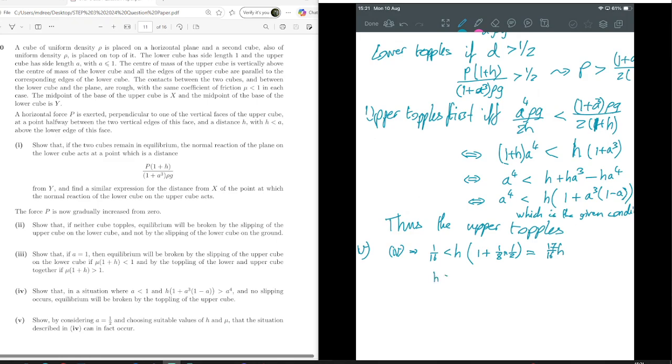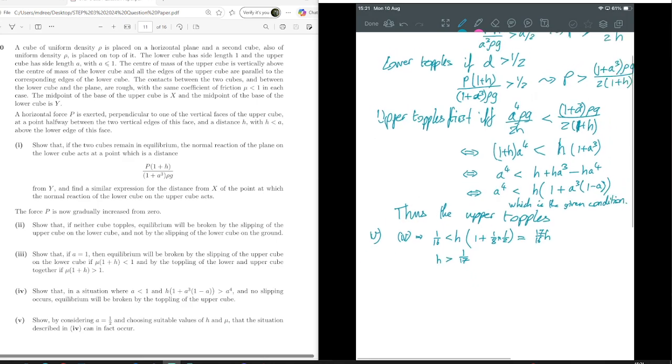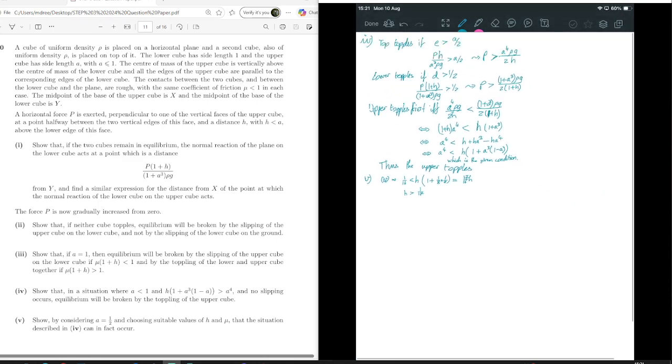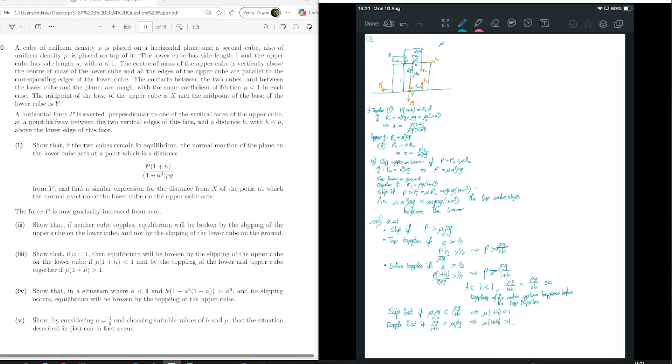So h has to be greater than 1 over 17. Okay, so we still haven't picked h, but basically anything bigger than 1 over 17 will ensure that the top topples before the bottom topples. Now we also need the slipping condition.